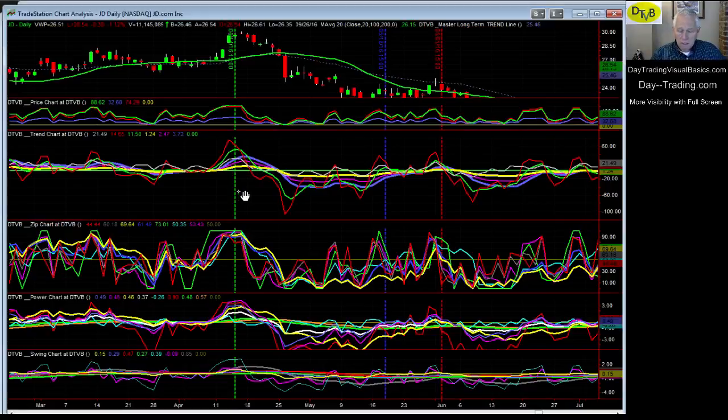I haven't checked the numbers on it, but what could have happened that day is there could have been some short selling activity. The Zip Zion and Zip Green track trades in and out of the market, so it's not likely that was part of it, but it is possible that it's picking up a little short trend activity.